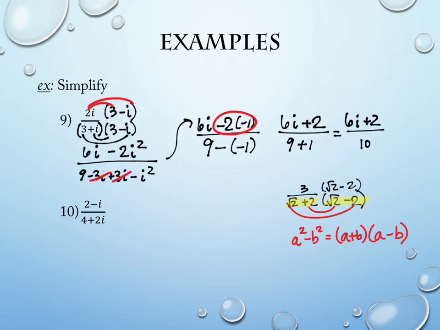But I can reduce one more thing. What can I reduce, Harrison? Yeah, all of my numbers are even, right? They all divide by 2, so I can divide each of them by 2. Divide by 2 to give me 3, divide by 2 to give me 1, and divide by 2 to give me 5. So I end up with 3i plus 1 over 5.